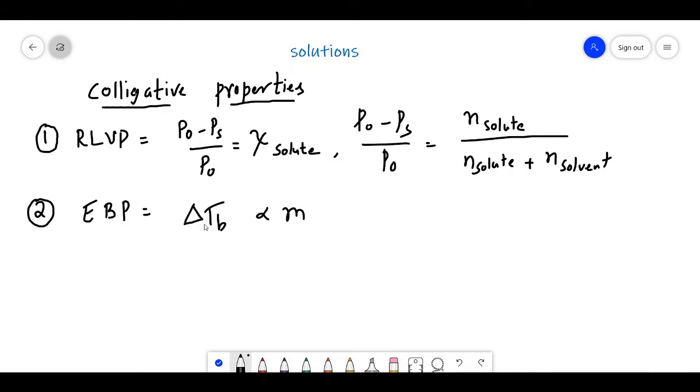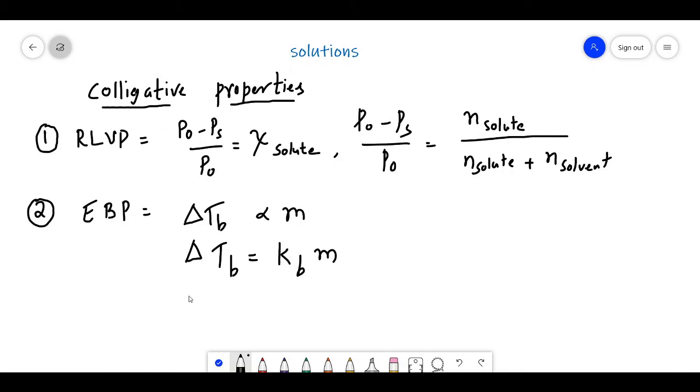That is why the elevation of boiling point depends on the number of particles, which is taken as molality, proportional to small m. We can remove this proportionality by writing a constant, that is delta TB is equal to Kb into molality, where Kb is called the ebullioscopic constant.